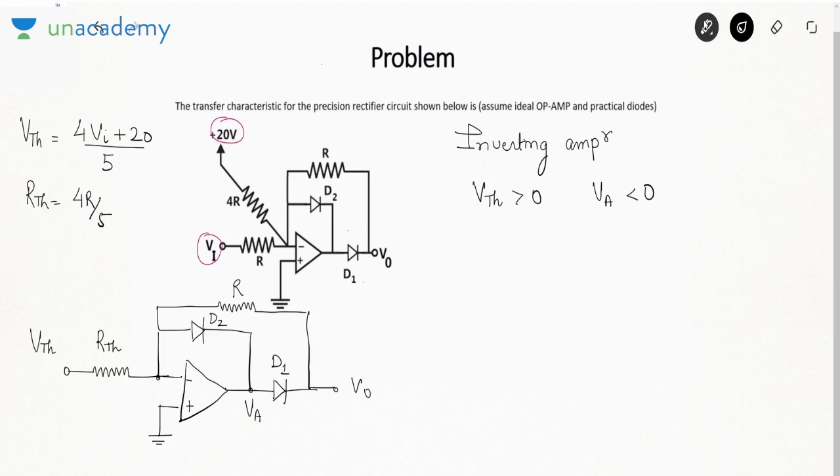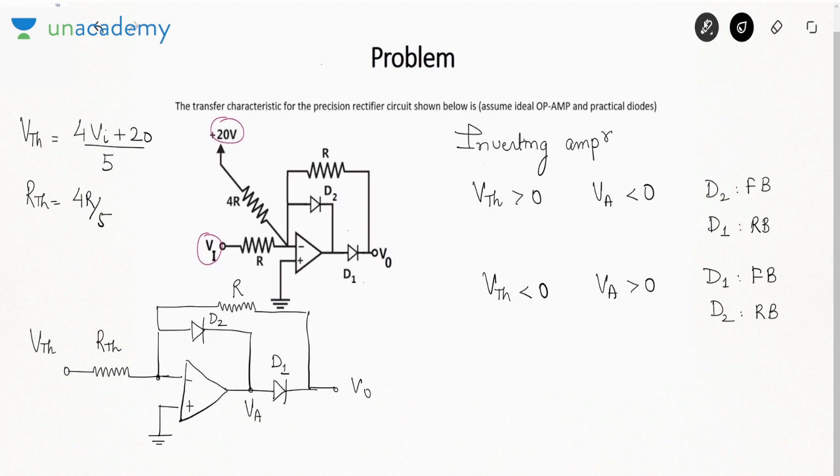If the cathode is negative, then the diode is forward biased. But if the anode is negative, the diode is reverse biased. Similarly, if VTH is less than 0, it is inverting, the output will have opposite polarity, and VA will be positive. So the anode of D1 is positive, so D1 is forward biased and D2 is reverse biased.